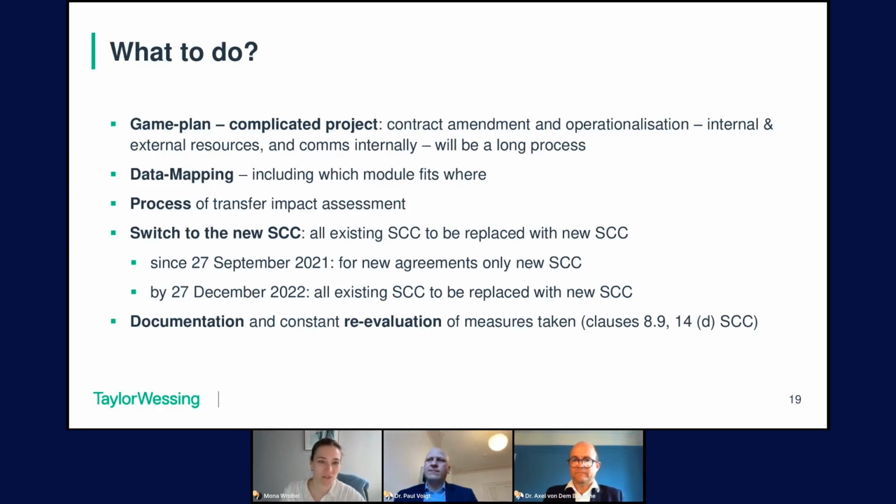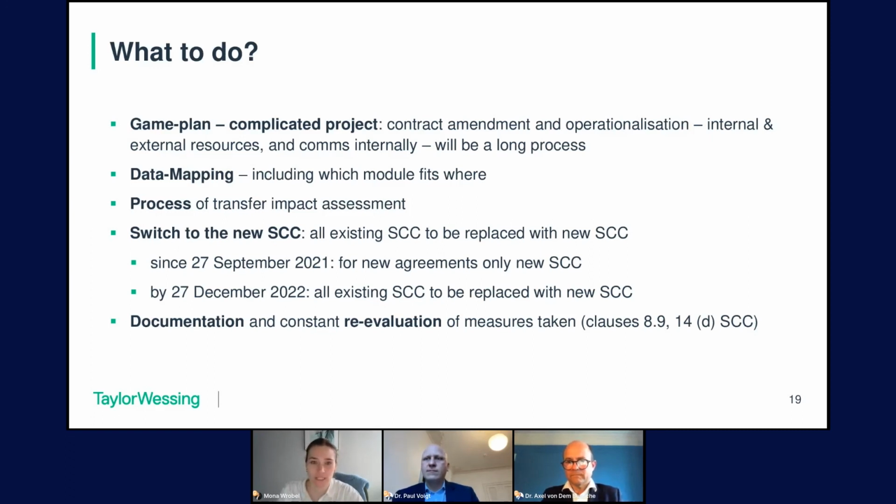And we highly recommend to look internally for any kind of data transfers to third countries. Make your data mapping, start maybe with a game plan, how you want to proceed, go from different internal regions, for example, HR or marketing, go from there.